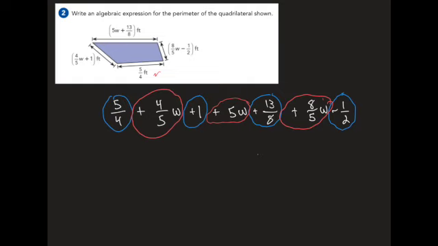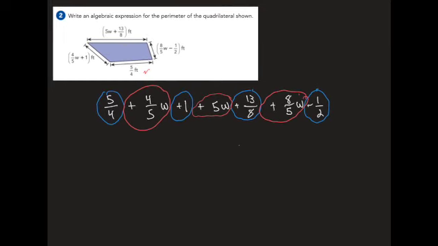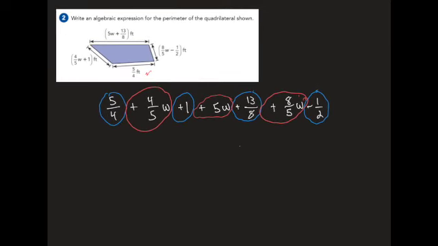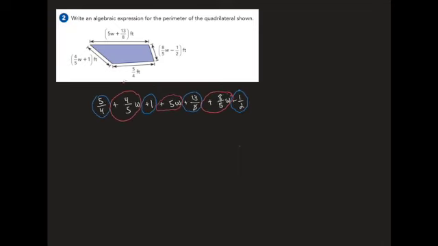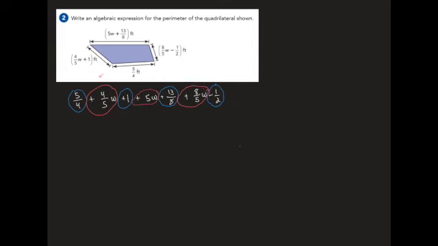And all I'm going to do now is combine those separately. So first I'll do my regular numbers. I did that in blue, so I'll use the color blue. I've got 5/4 plus 1 plus 13/8 minus 1/2.